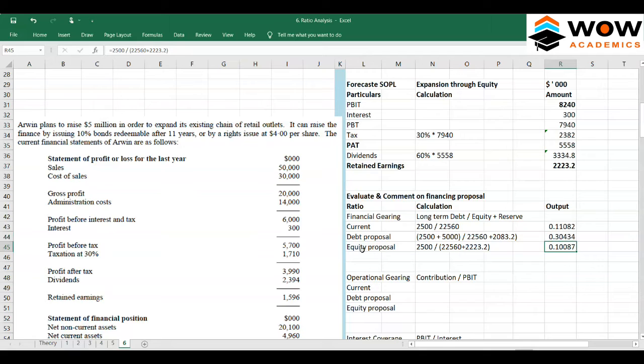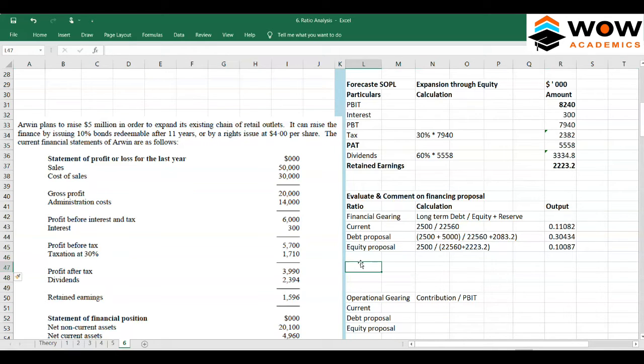Okay, see, in equity proposal, as the number of shares are increasing, we have to work that out, or else we won't get the answer. So the number of equity shares issued, we have to calculate, or else we won't get the number.